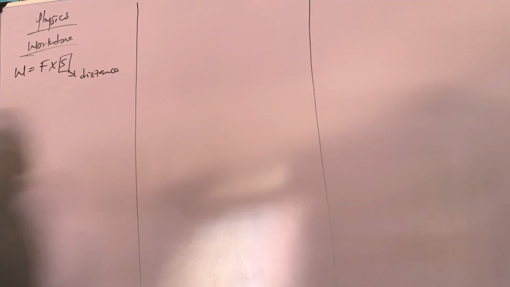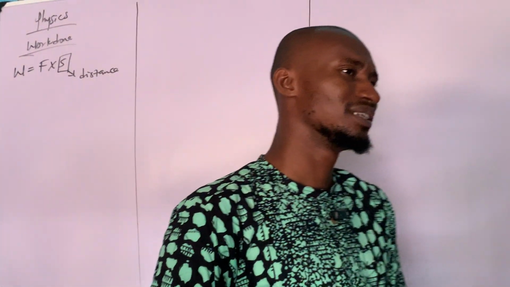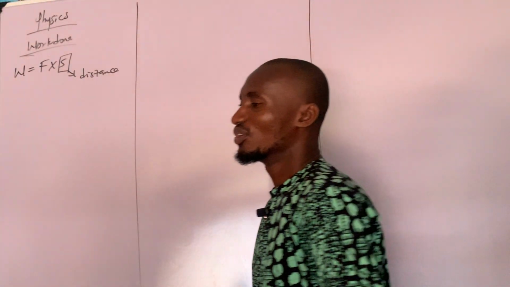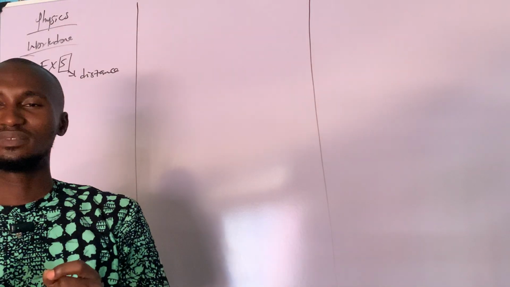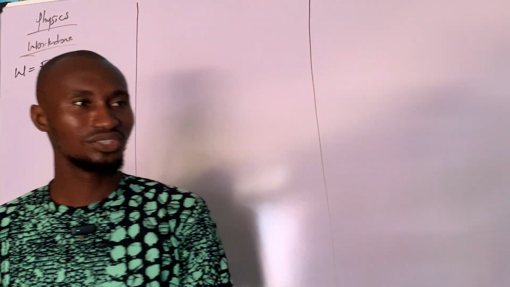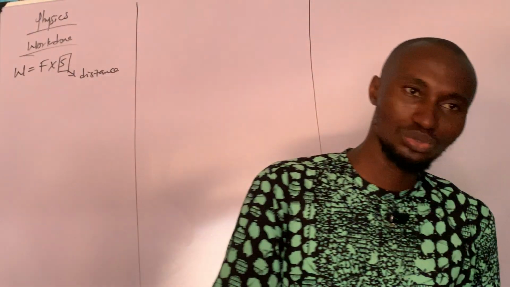Now, is work done a scalar quantity or a vector quantity? Assignment: find out whether work done is a scalar quantity or a vector quantity. If you say scalar, why do you say scalar? Scalar quantities are those quantities that have magnitude but no direction, while vector quantities have magnitude and direction.